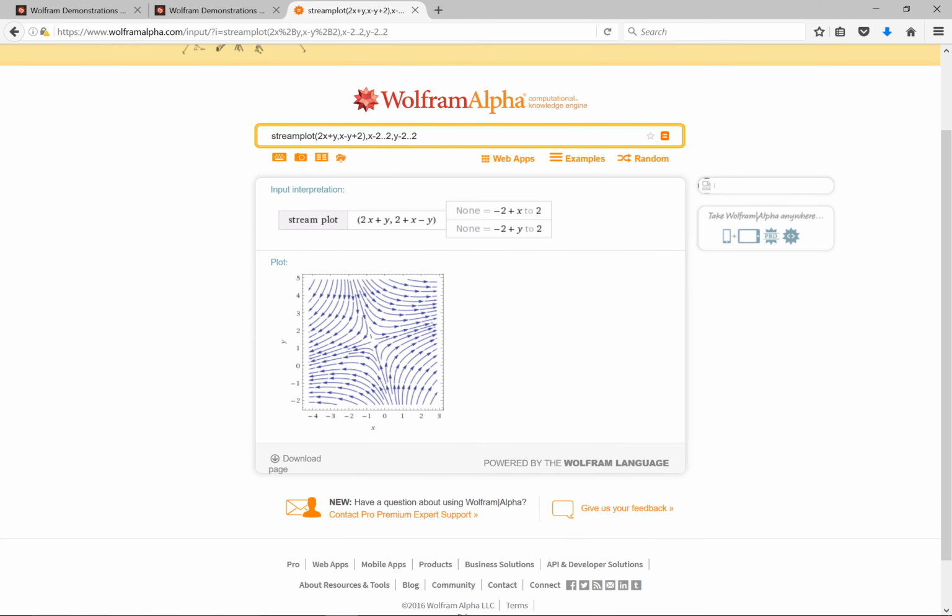Oh, dude, look, it's a saddle. That's a classic saddle. And where is it happening? Negative 2/3, comma, 1-ish, or 4/3, which is what it was. Exactly right. Okay, pretty cool, pretty easy to do.